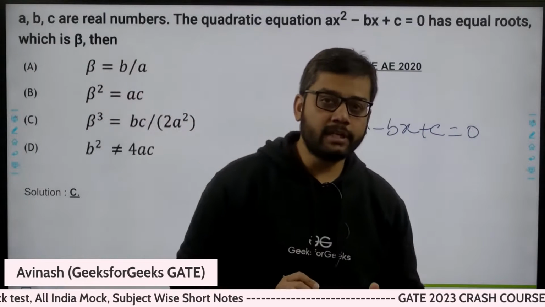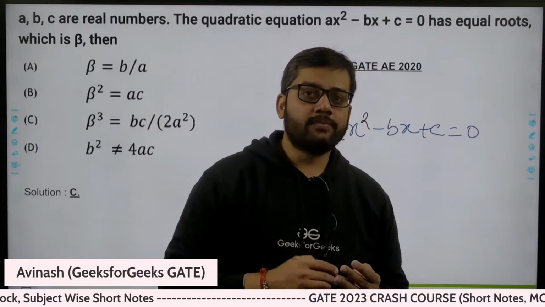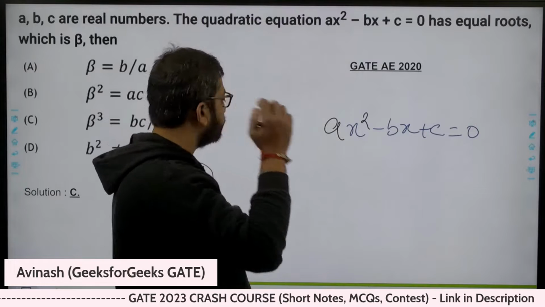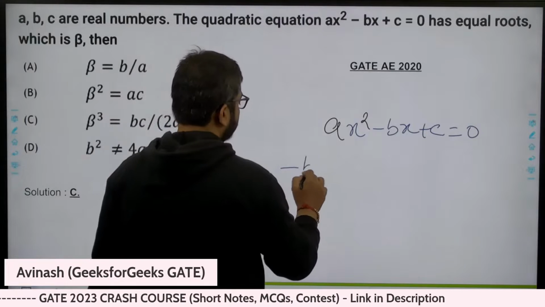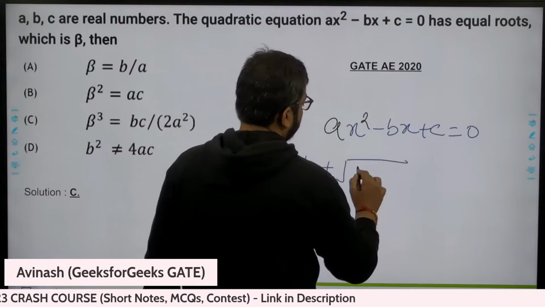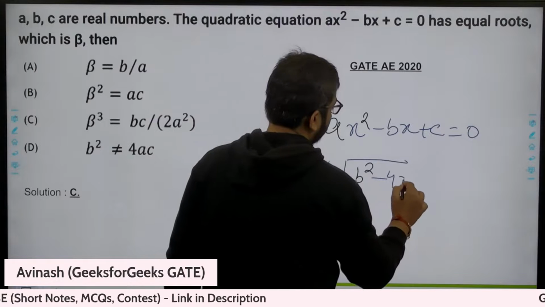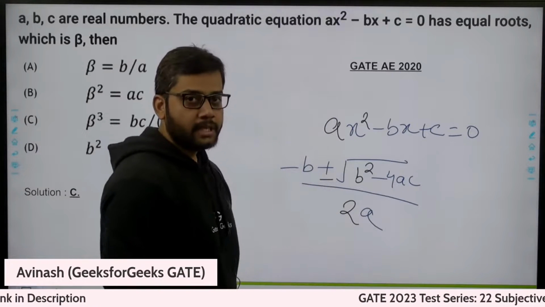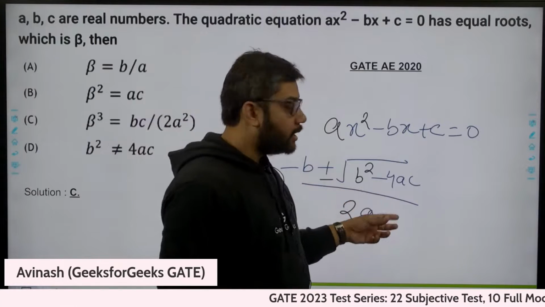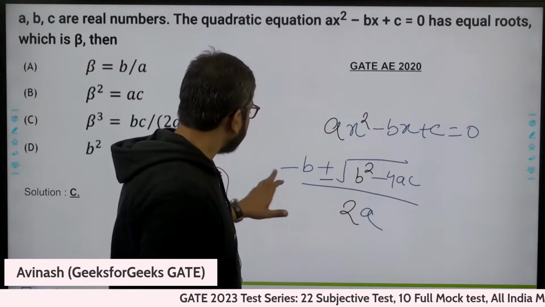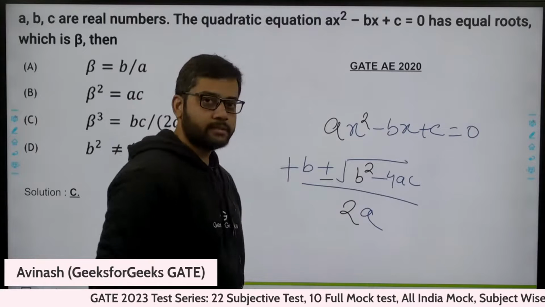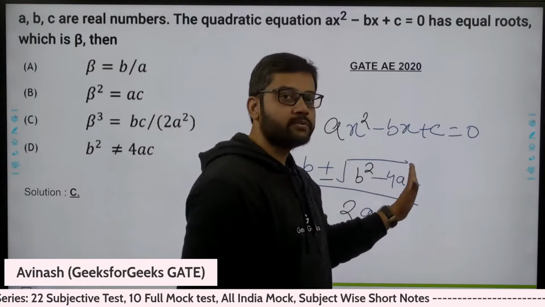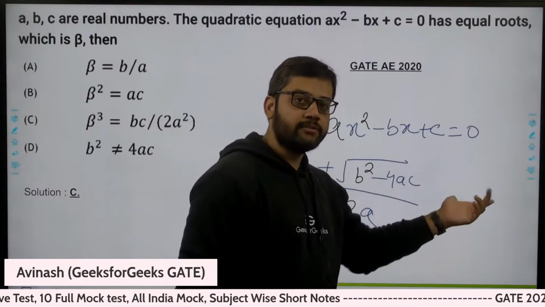When we have a quadratic equation ax square plus bx plus c is equal to 0, the value of the roots is minus b plus minus under root b square minus 4ac upon 2a, right? You agree on this? Here b is negative, so can we write this as a plus? So b plus minus under root b square minus 4ac upon 2a, this is the formula.